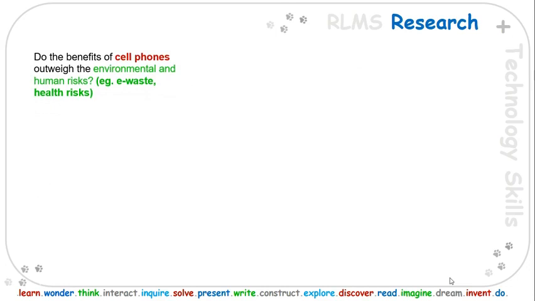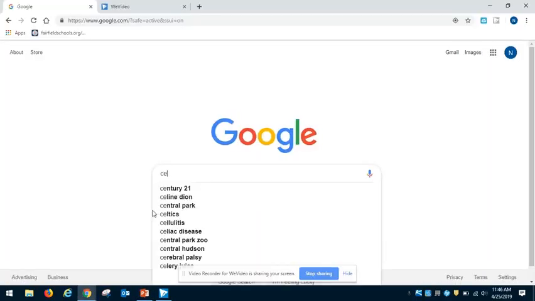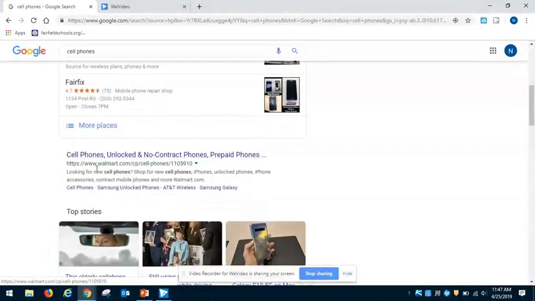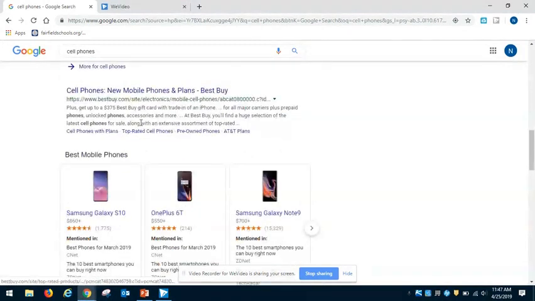Let's take a look at this question. If I go to Google and type in cell phones, I get 1 billion results. I also get a lot of information about buying cell phones, and this is not exactly what I want.